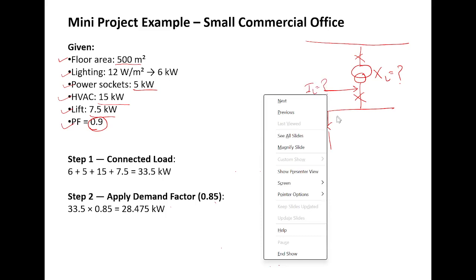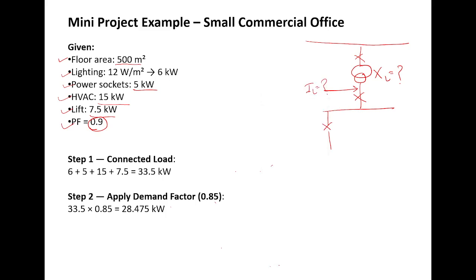Before calculating the line current, I should have the load, how much load is connected on this cable. Let me tell you. First load is lighting load, which is 6 kilowatt. Here 5 kilowatt of load is connected. Here 15 kilowatt of load connected. Here 7.5 kilowatt of load connected.